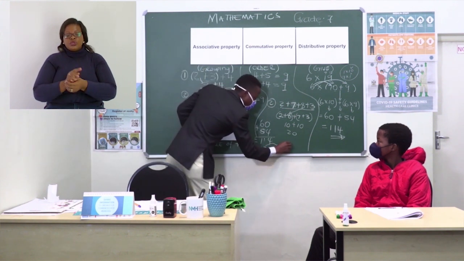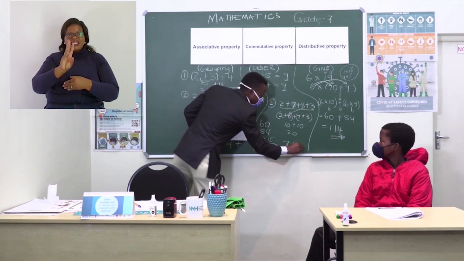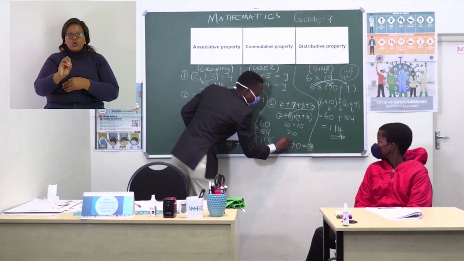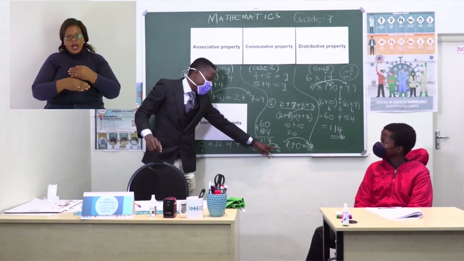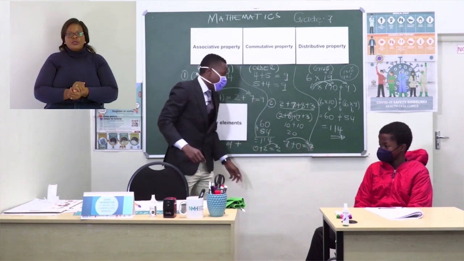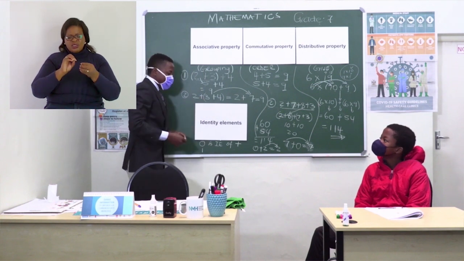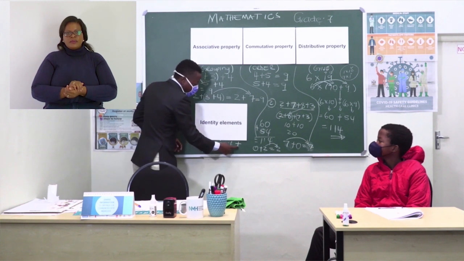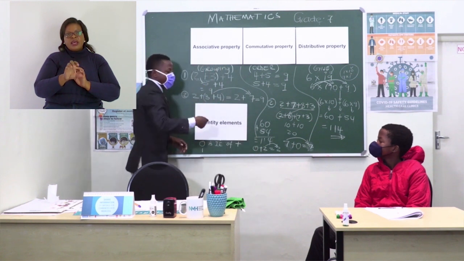If you add, let's say it's 7, you add a 0, you get 7. So when you add 0 to a number, you get that number. When you add 7 to 0, you get that 7. Anything 0, we say it's nothing, so you must understand it from that angle. 0 is an identity element of addition because if I add 0 to a number, the answer will be that number.